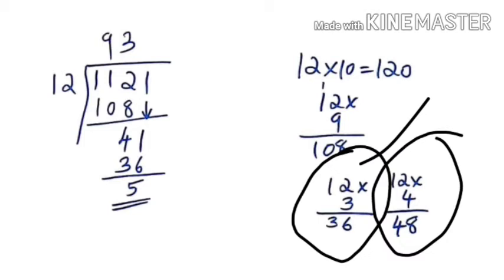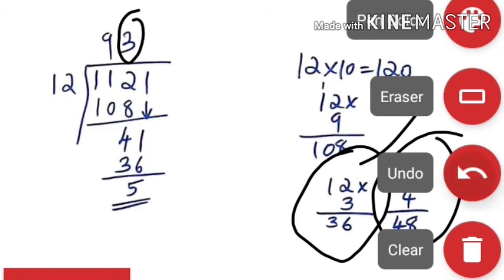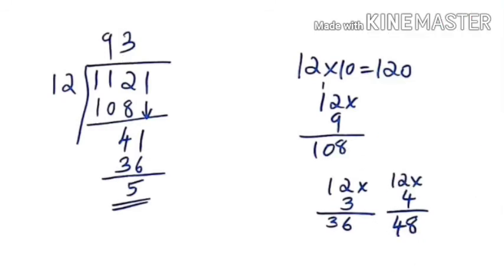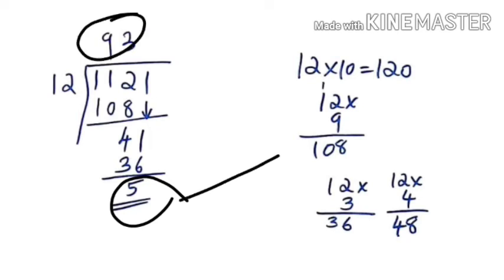So write 3 on the top. 3 into 12, 36. Now subtract 36 from 41. That is 41 minus 36 is 5. So here the answer or quotient is 93 and 5 is the remainder.